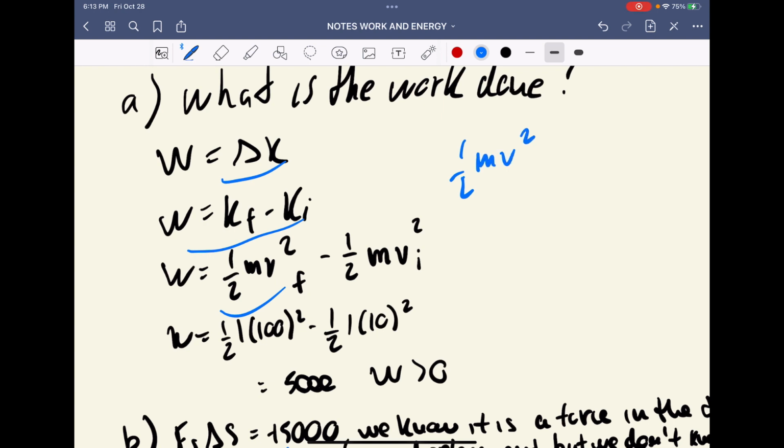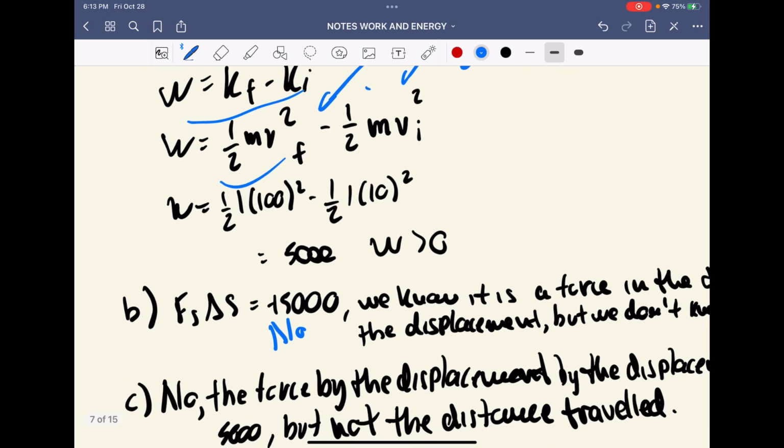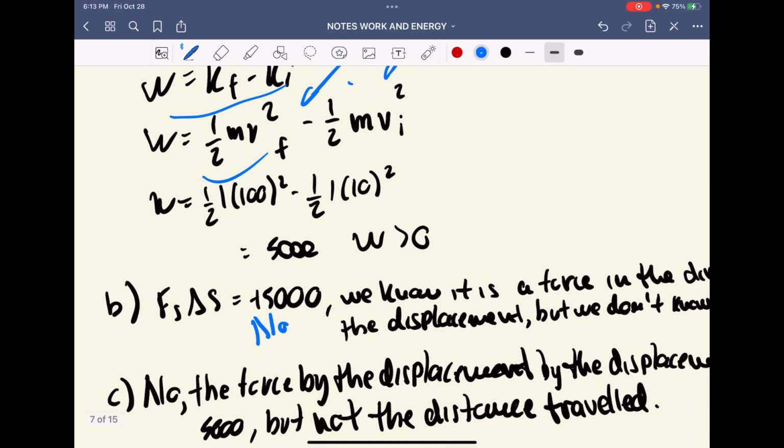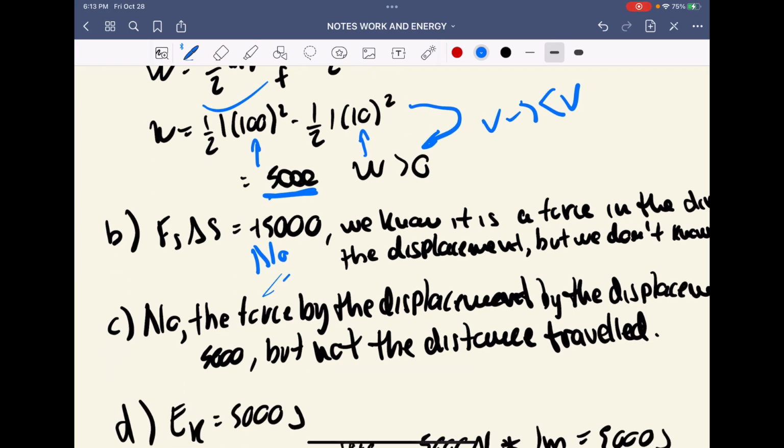So we get the final one minus the initial one, and then we have to plug in the numbers. This is the final velocity, this is the initial velocity, and solving this equation, we get that the work is over 0 because obviously there's positive work. The velocity changed to a higher velocity. So then we find that it's 5,000.